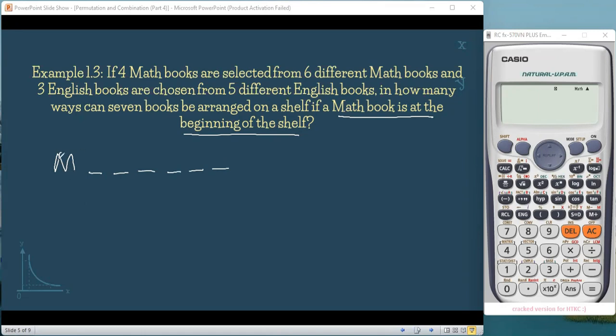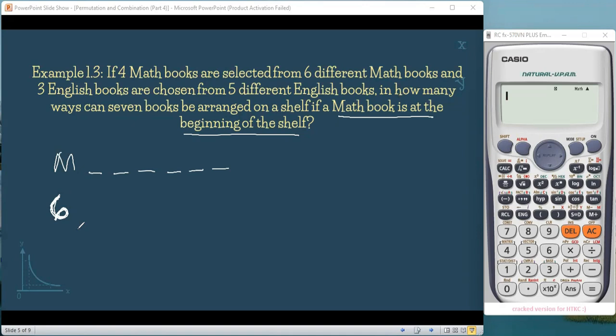And ibig sabihin, ito pong 6, yun po yung hindi natin sure kung ano yung mga librong yan. Pero alam natin na yung beginning daw po is math. So, para po mapili itong math na ito, since we have 6 math books dito, ibig sabihin, pwede natin siyang maisulat as 6 representing the 6 math books. Opo, ibig sabihin, halimbawa, yung sa 6 na ito, yung isa nga is trigonometry, yung isa nga is pre-calculus, yung isa naman nga is integral, yung isa is differential calculus, yung isa naman po is algebra and whatnot, hanggang may mabuo silang 6.